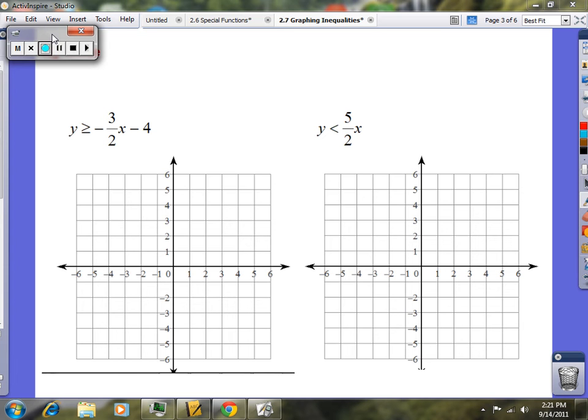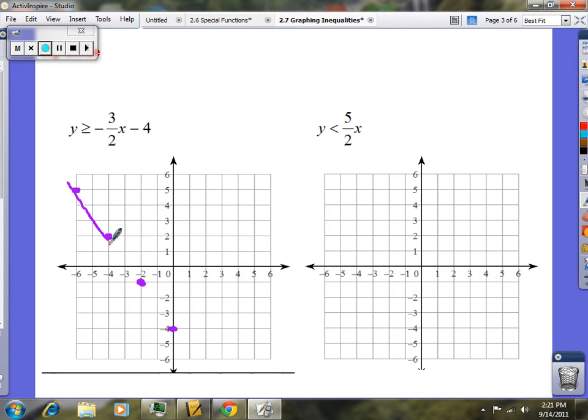Okay, so first you gotta get your y-intercept down there, and then it's negative 3 over 2. If you do that backwards, then you go up 3 over 2, right there. Up 1, 2, 3 over 2.